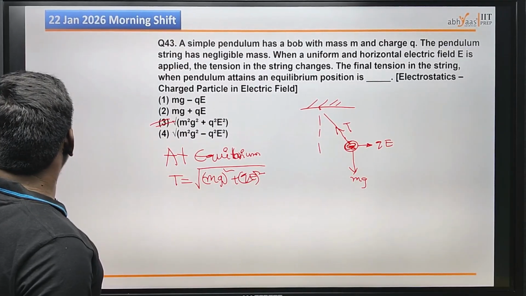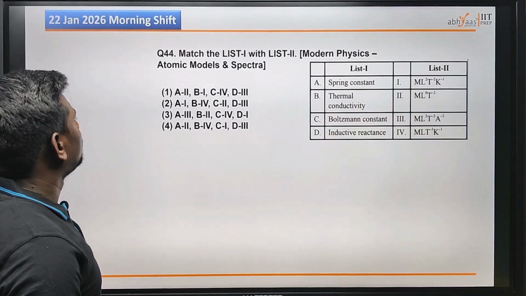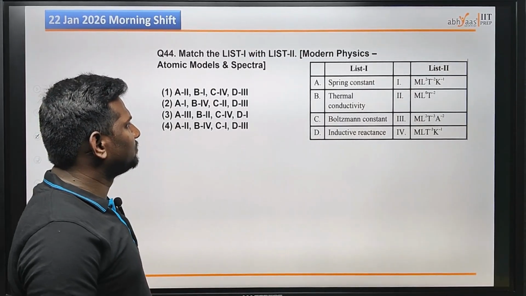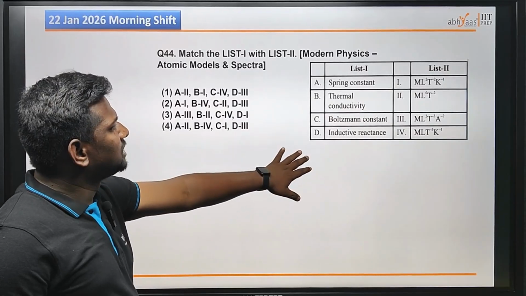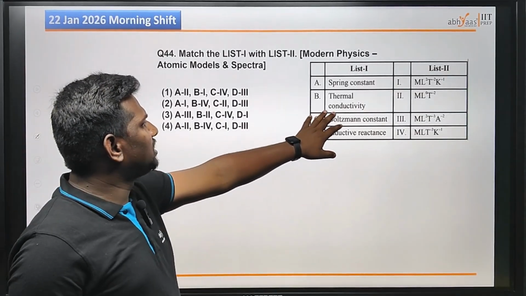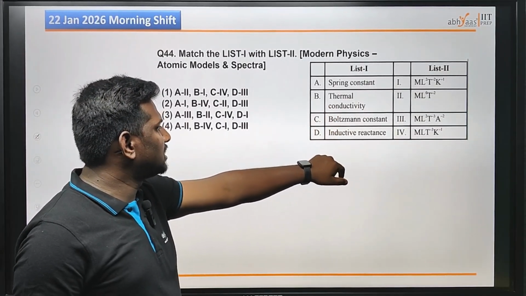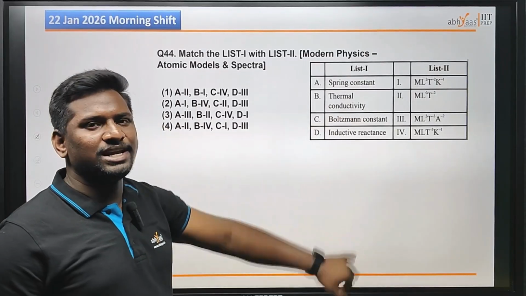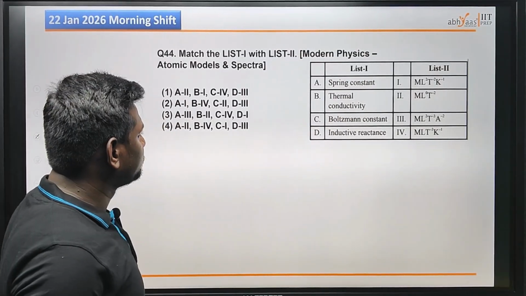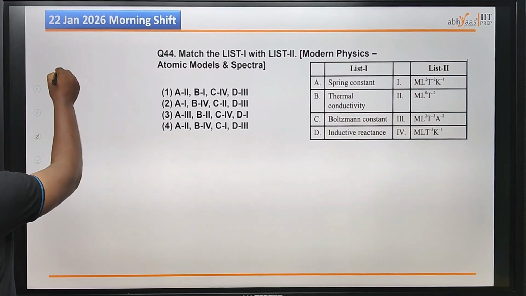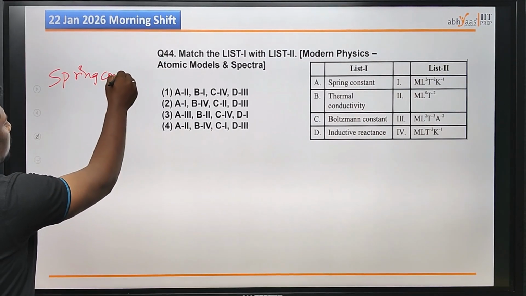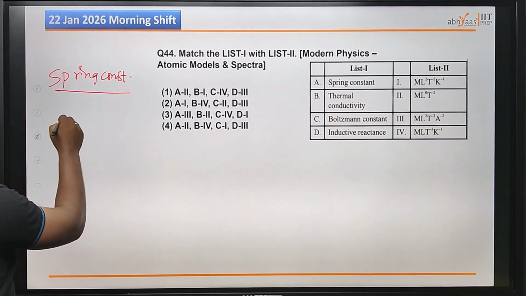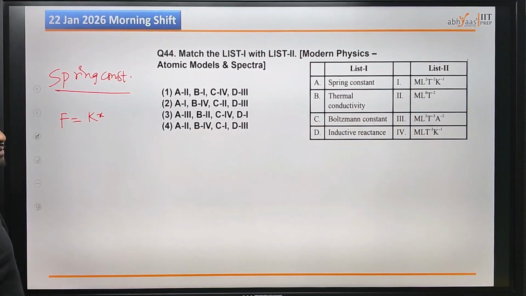So next one, match list 1 with list 2. They have given some constants: spring constant, thermal conductivity, Boltzmann constant, inductive reactance. They are asking for the dimensional formula. For spring constant, no need to solve, you have to remember. Spring constant: F equal to Kx.